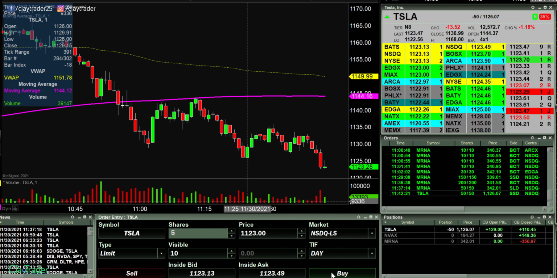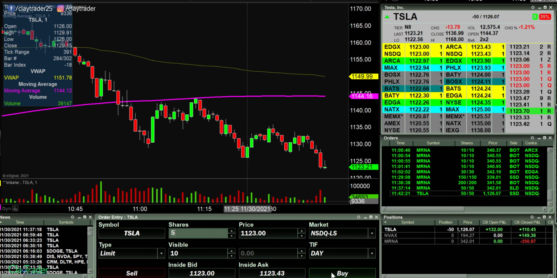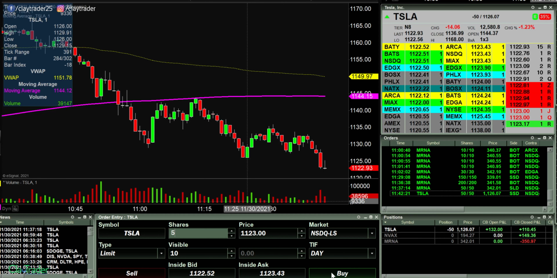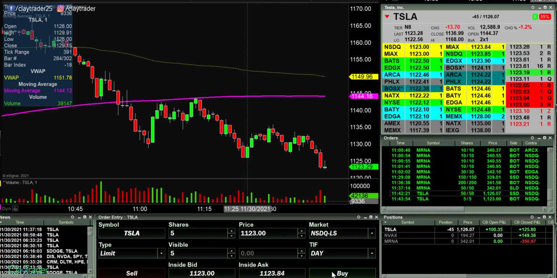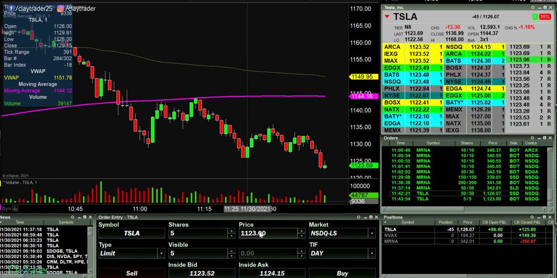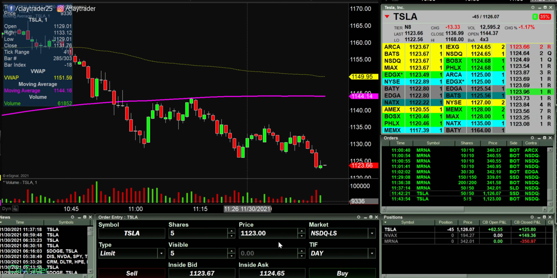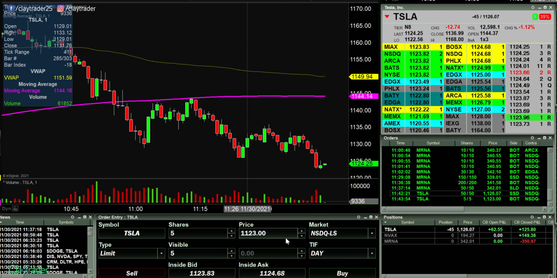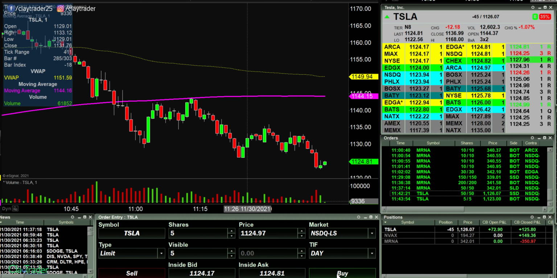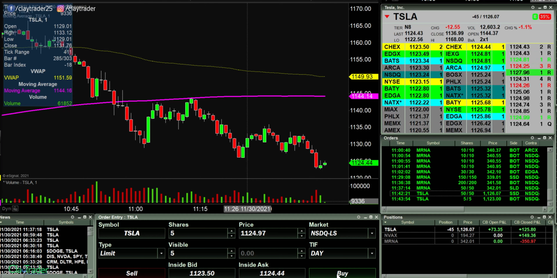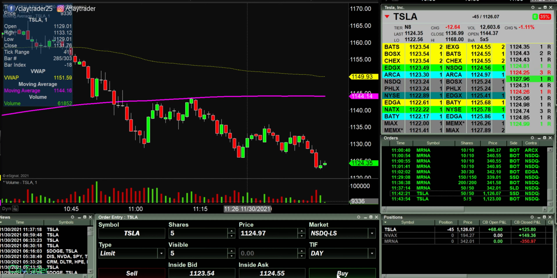Looking for a break of 11:23. There we go. This one is actually quite difficult to get out on, even with 5 shares. Trying to scale out with 5 shares. It's quite the pain.